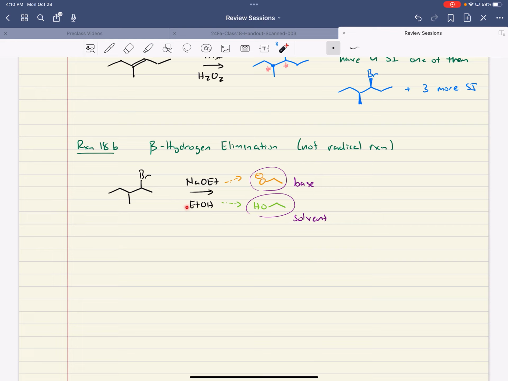I haven't been putting a lot of solvent in my reactions, but the textbook is starting to put solvent, especially when we do substitution and elimination together. Let's focus on elimination. It's beta hydrogen. So not only are you eliminating the bromine, you are eliminating a hydrogen on each of these beta carbons. In the notes, we're going to put here, know the mechanism.